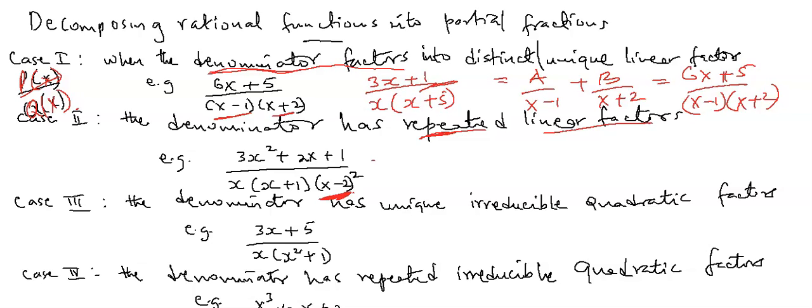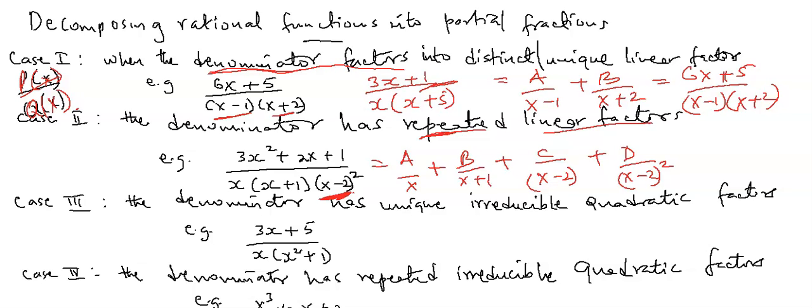So again, this one will be almost like case 1, A over x plus 1 plus B over x plus 1 plus, now here is the difference, C over x minus 2 plus D over x minus 2 squared. Note x minus 2 is the one that is distinguishing this case 2 from case 1.